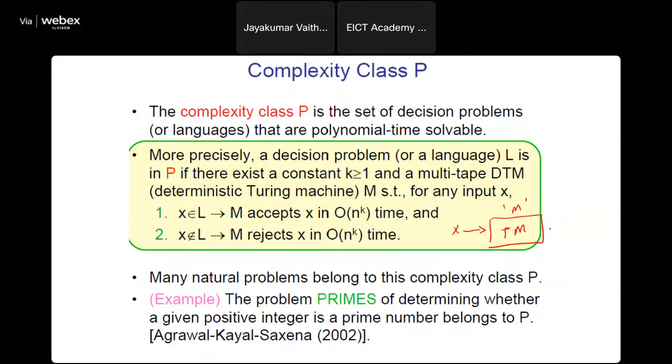Sometimes this machine will accept, sometimes this machine will reject. This is what they described over here. Okay. So many natural problems belong to this complexity class P. Most of our day-to-day tasks belong to class P.